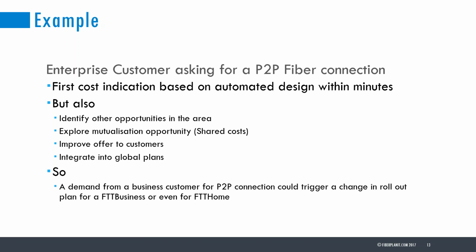So if this question comes from the customer, you can then maybe also identify other opportunities in the area, or maybe you already have interested customers in the area for a fiber connection. So you can really look at all of the projects and all the needs for fiber at the same time.